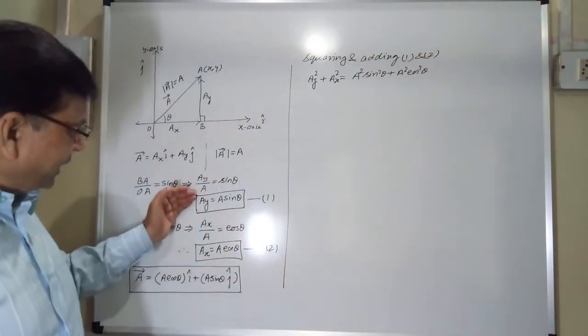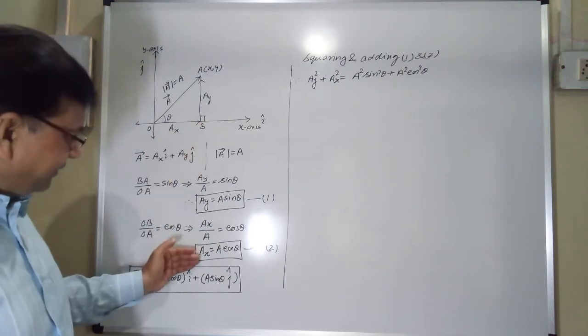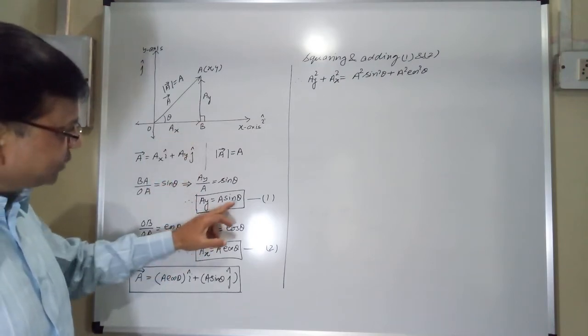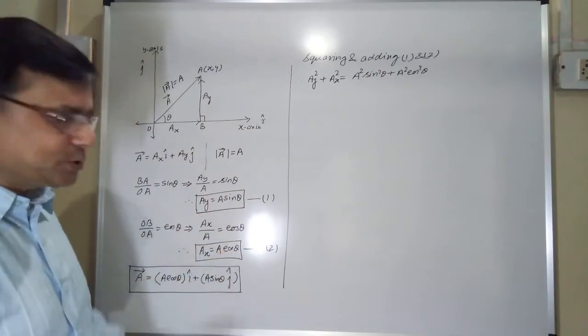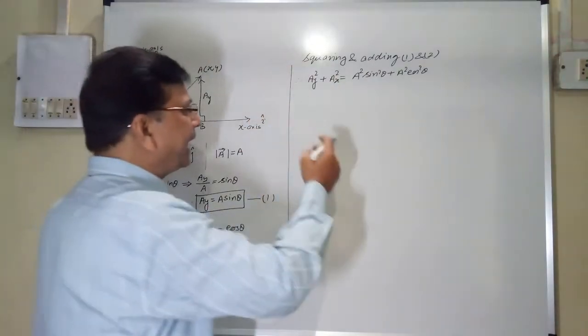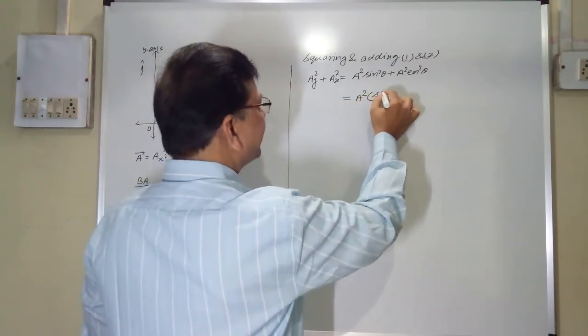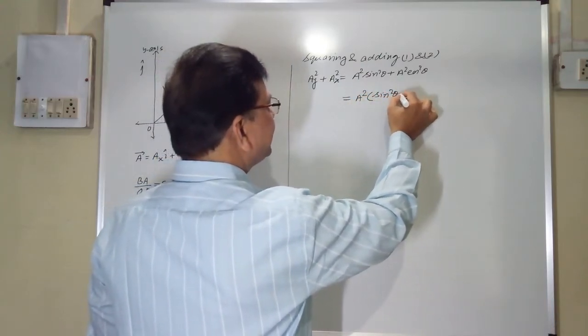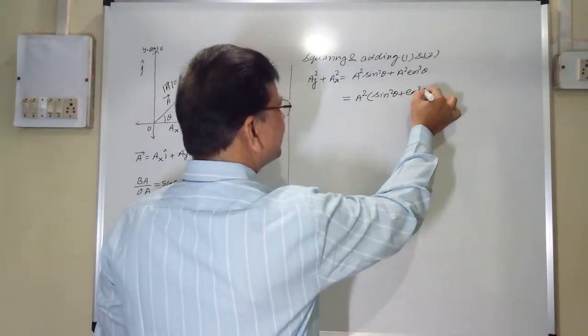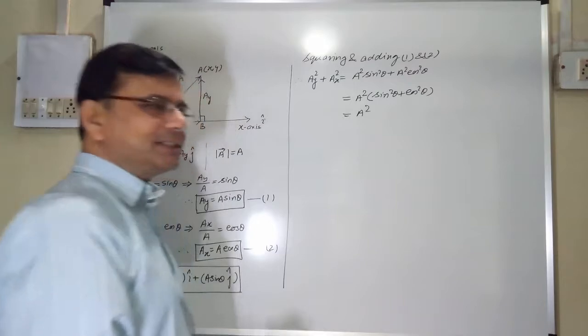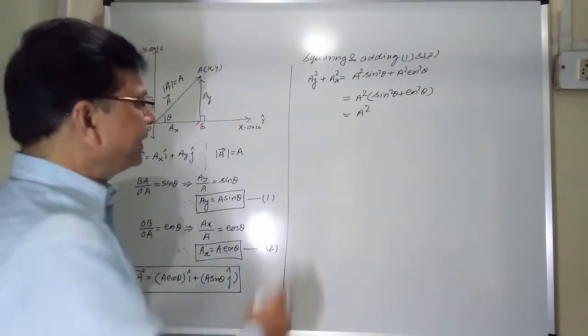Taking A square common, we get sin square theta plus cos square theta, and we know that this is equal to 1.